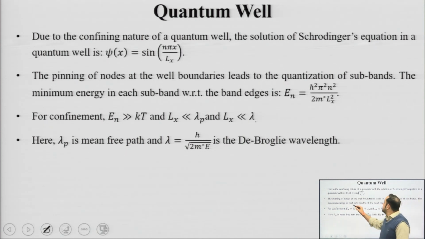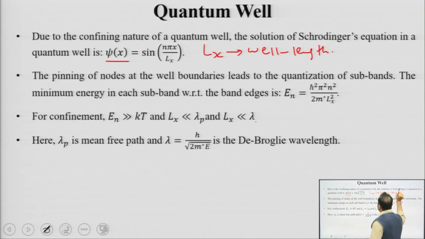Out of the 3 dimensions, in the x direction you have this confinement. So, in the x direction the wave function is quantized: sin n pi x by L x, where L x is the length of the well, n is an integer, and x basically measures the distance.